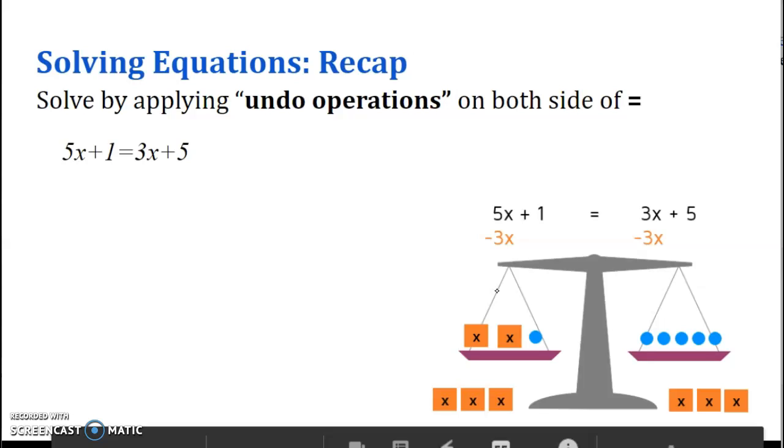But then we just took off whatever is on both sides of the equal sign. Whatever we do, we need to do it to both. We just took off the 3 of the x's from both sides here. Okay, and you took it off and it is still balanced. That's what we are doing.